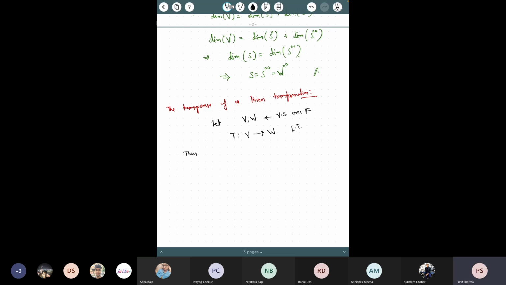So what I'm saying is that using this T, you can define a linear transformation from W dash to V dash. How is it? Let's see it here.